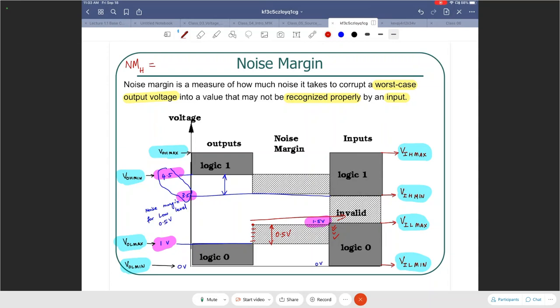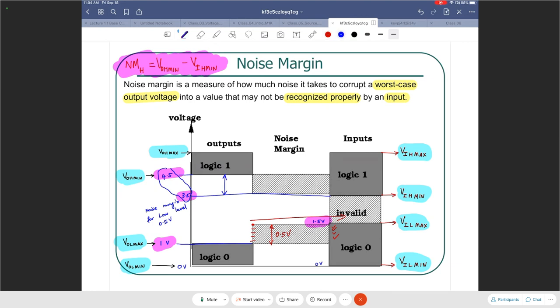You guys can correct me if I'm wrong. VOH min minus VIH min. Perfect. That's for the high level. It doesn't have to be the same for the low level. They can be different. Most cases they are almost the same.